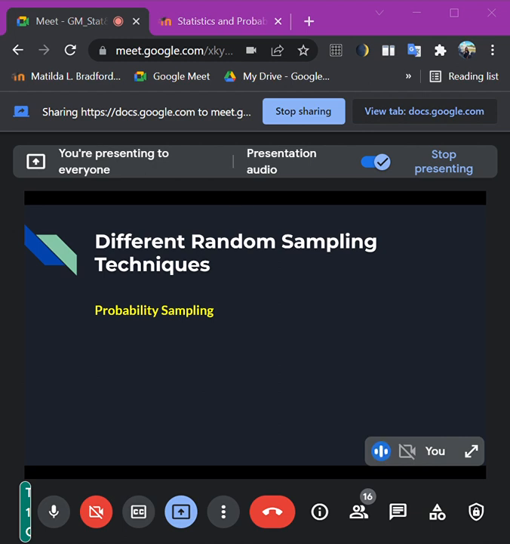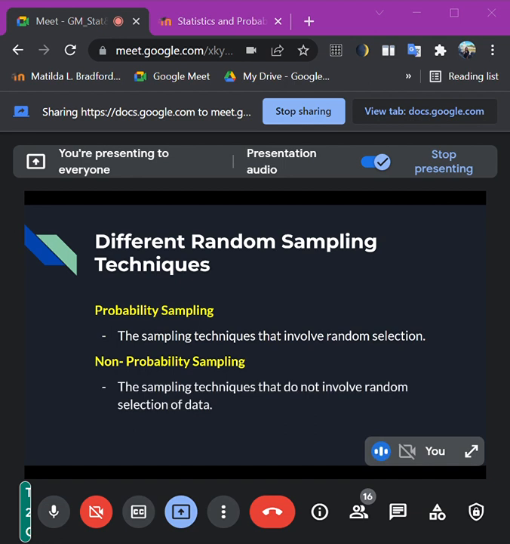The first one of which is our probability sampling, the sampling techniques that involve random selection. While non-probability sampling technique is a sampling technique that does not involve random selection of data. Kani siya randomly selected lang, while ang kaning non-probability is dili siya random.